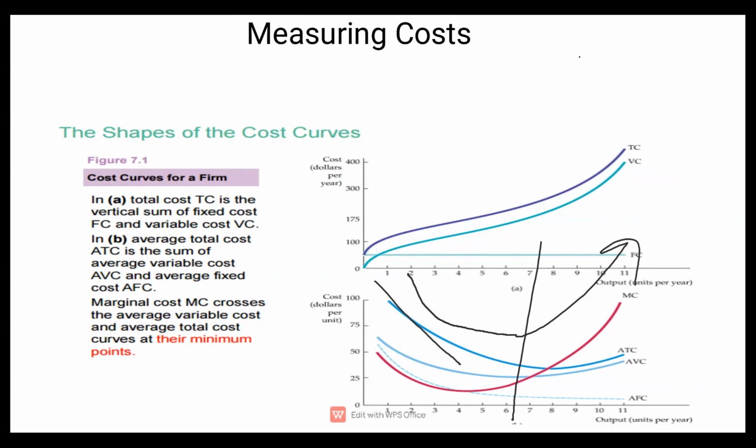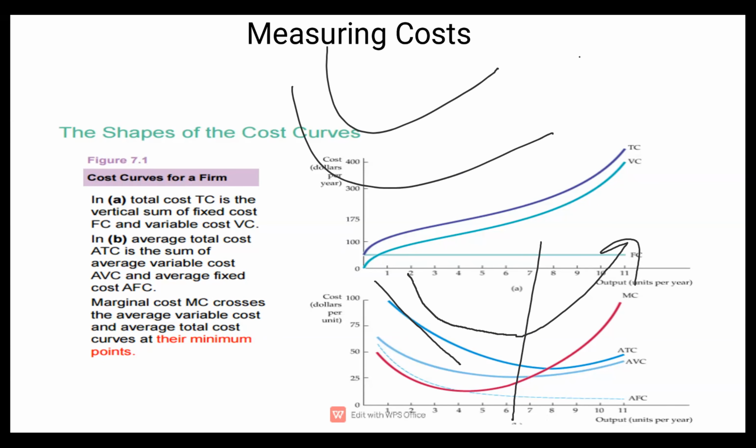As the marginal costs, because the other question would be, why are these curves, the average total cost and the average variable cost, U-shaped? That's what we say. Why are they U-shaped? And why should the marginal cost cut them at their minimum?